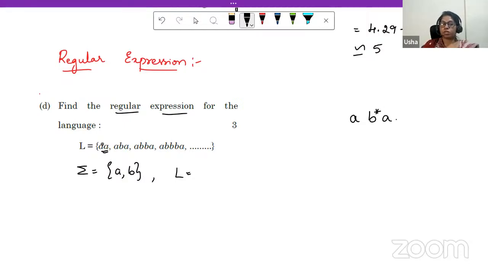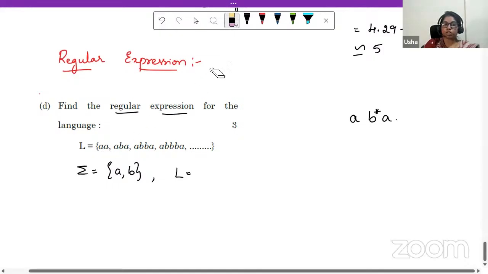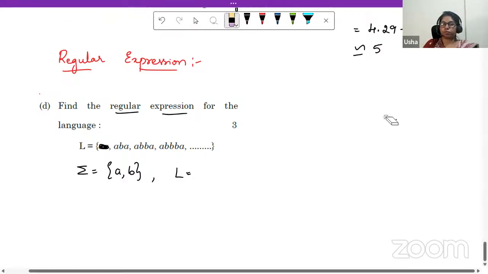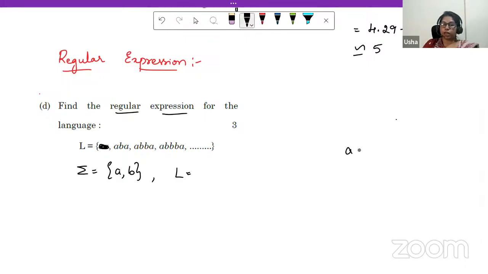Okay. Suppose here, if this was not there, then it means you need to have at least one B, right? So in that case, you will write B and then B star. You will write A, B, and then A. One B is must. Additional any number of B's you can have.